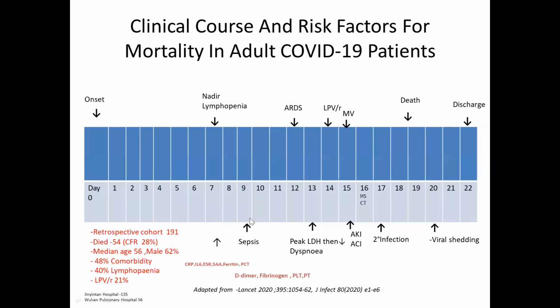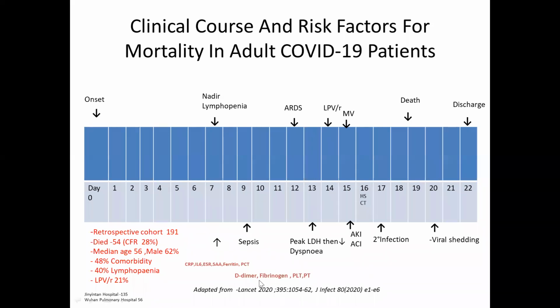Now, at this point where you have nadir lymphocyte count, you can see that on day 9 there was viral sepsis, and progressively this is a time where there is intense viral replication, and the patients elaborated inflammatory mediators. CRP, interleukin-6, ESR, serum amyloid A, ferritin were found to be high in these patients, and procalcitonin, if elevated, would be representative of concurrent bacterial infection.